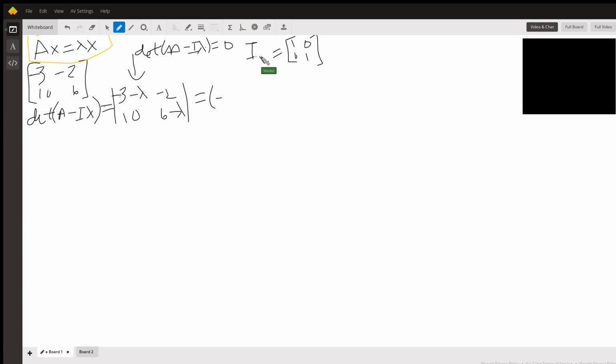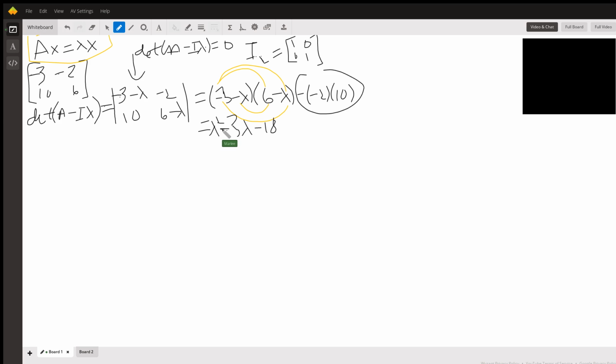What we get here is -3 minus lambda times 6 minus lambda minus -2 times 10. When we distribute that, what we get here is lambda squared minus 3 lambda minus 18.